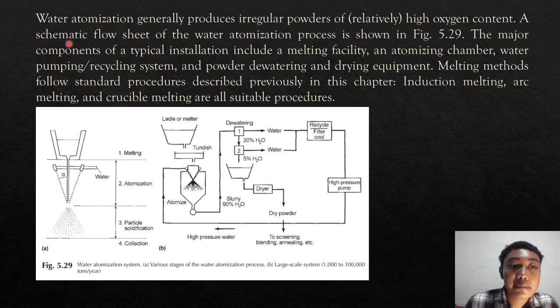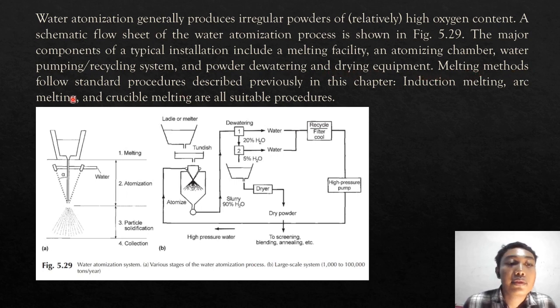A schematic flow sheet of the water atomization process is shown in figure 5.29. This is figure 5.29. The major components are typically the metal melting facility and atomizing chamber, a water pumping or recycling system, and powder dewatering and drying equipment.